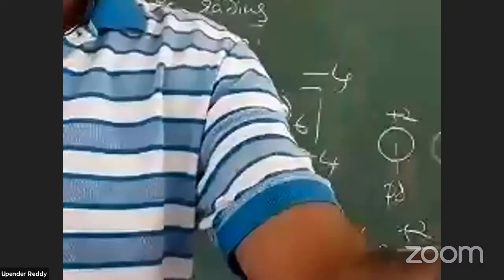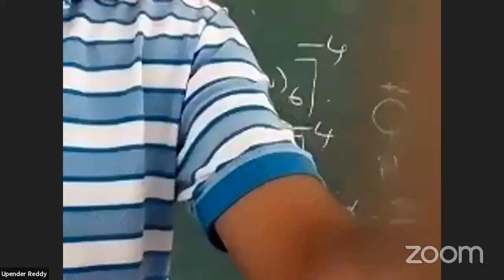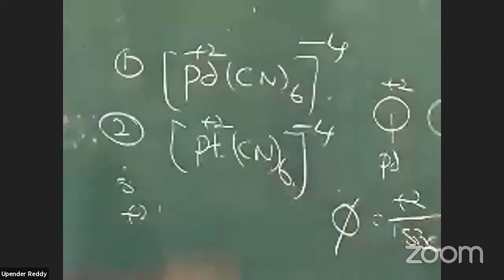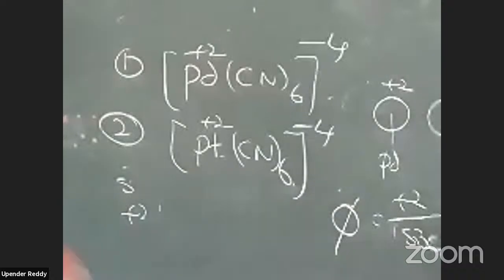Tell me now, what is the answer? Which is stable out of these two? Now tell me the answer. 2 or 1? Irfana and Avanti. Now Avanti, you got it, answer. Because the electronegativity of platinum is greater.